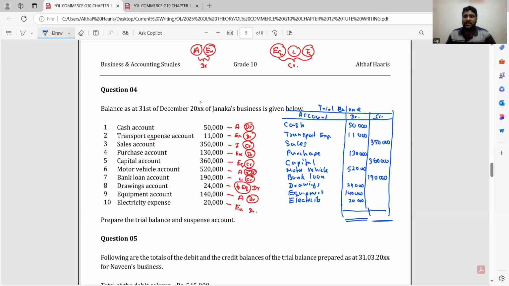Now you take a pencil and write the total of the debit side and the credit side. What is the total of debit side and credit side? Tell me separately.